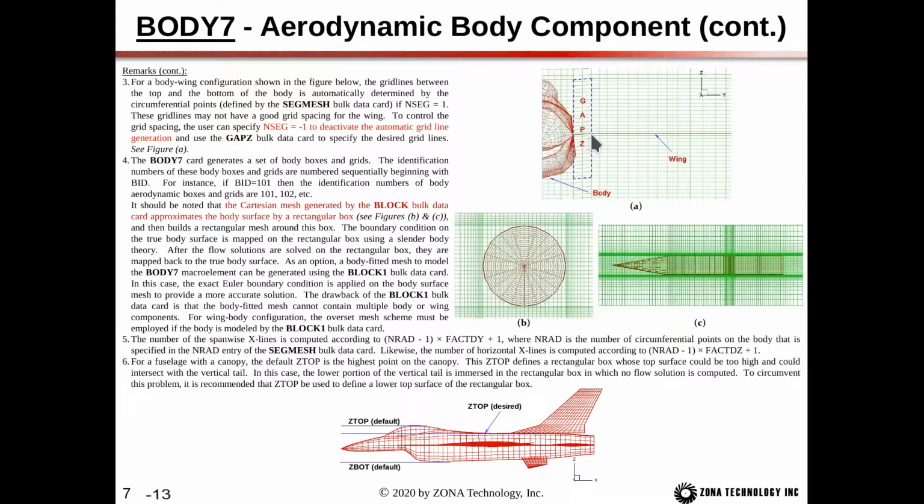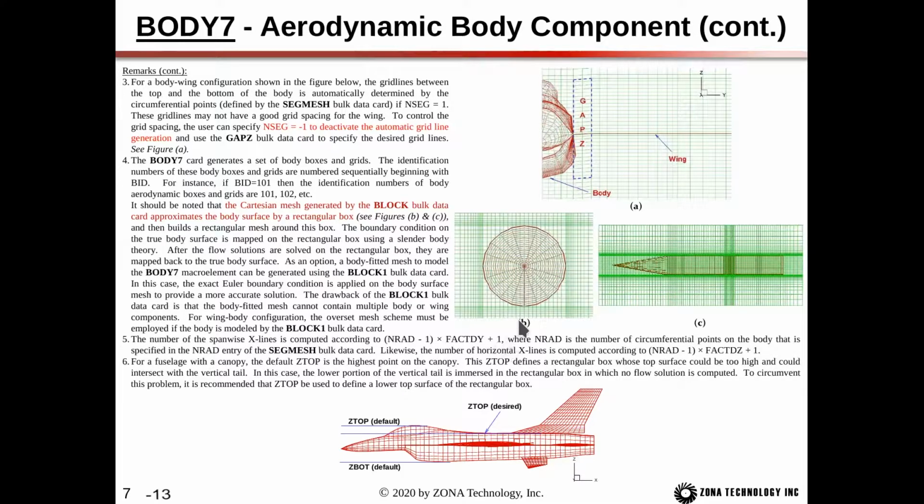So we have the spacing above and below the wing, with the grid points defined here, and you can see the top of the GAPZ lines up with the top of the body 7, and the bottom of the GAPZ lines up with the bottom of the body. Outside of this region, ZEUS will automatically grow the grid lines below and above the body.